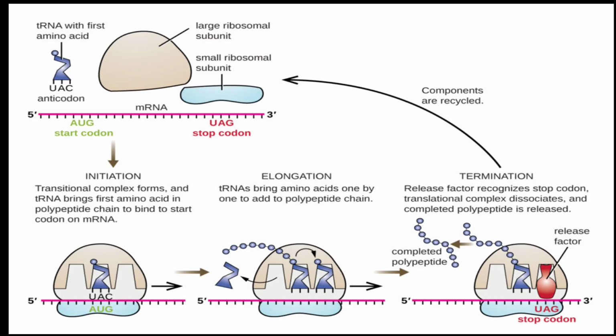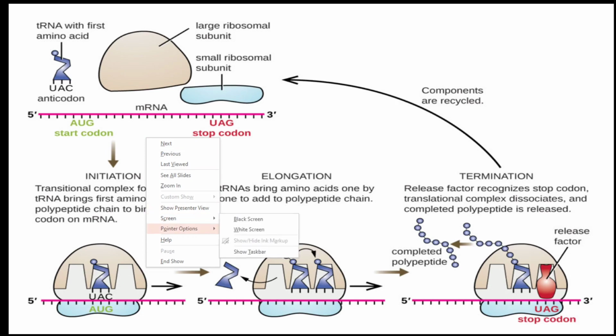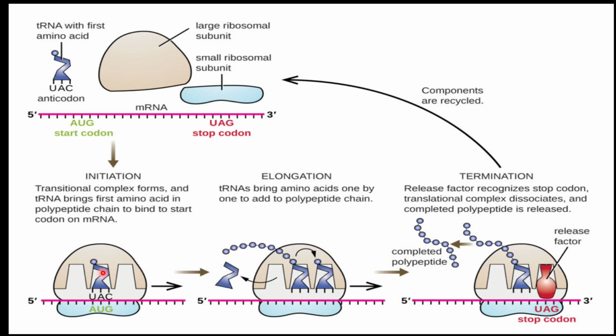When that happens, the first transfer RNA is going to bring our amino acid, and it is always methionine. Don't forget that this transfer RNA enters the peptidyl site. It doesn't enter the acceptor site.